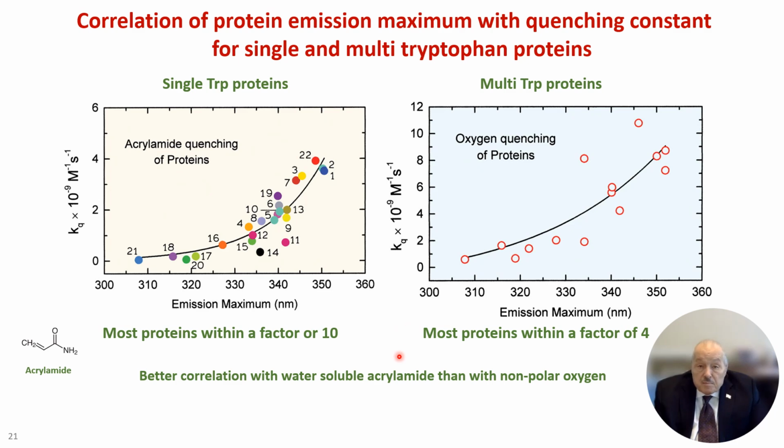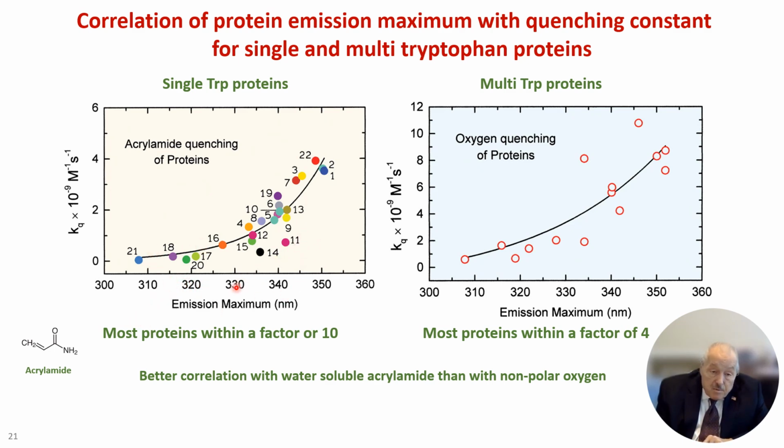One thing that has been of interest to the biophysicist has been what is the exposure of these single tryptophan proteins to the aqueous phase. Acrylamide turned out to be a very efficient quencher of indole. It's electron deficient, likes to accept an electron from indole.